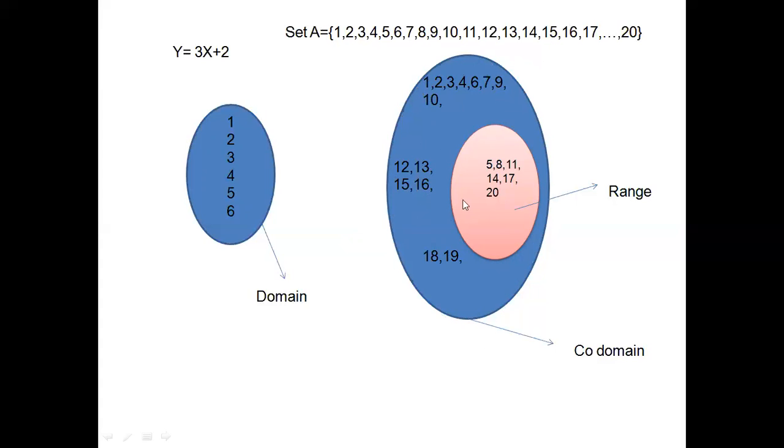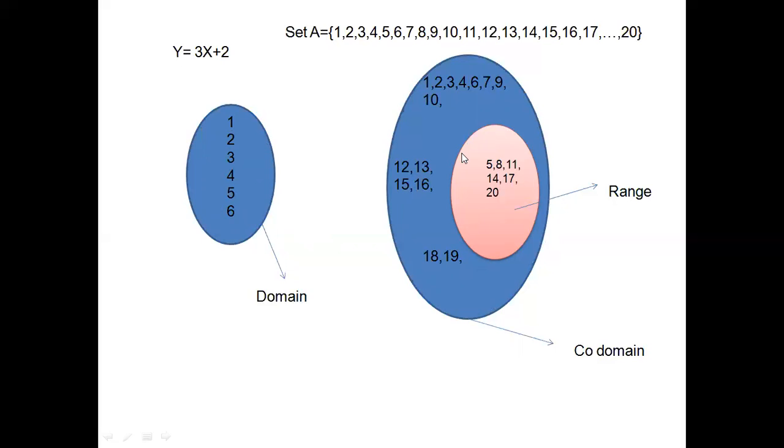So set A is the codomain, and the range is the exact output that we get by putting the values 1 to 6 as the domain into the relationship y equal to 3x plus 2. So it is the domain, it is the range, and it is the codomain.